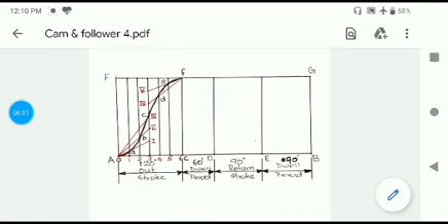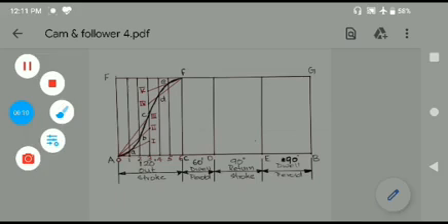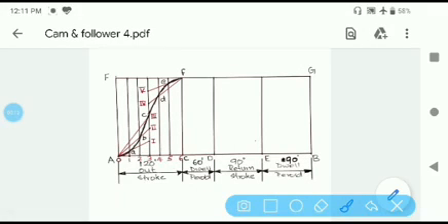After the follower undergoes the outward stroke, the follower remains at the top of the stroke, which will be the first dwell period, and as you know from the displacement diagram, the first dwell period will be the region from F to F prime. So this point will be F prime. That will be the displacement diagram of the first dwell period.